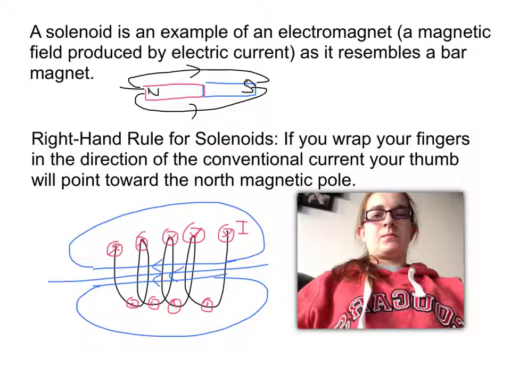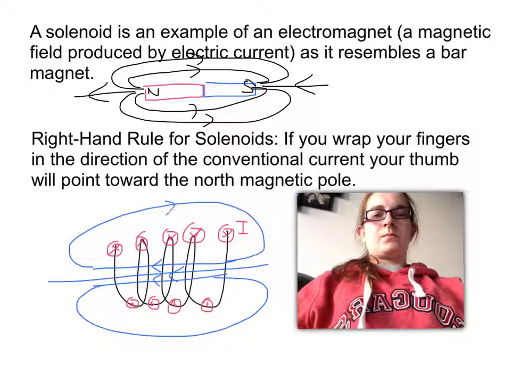And it looks fairly similar. We can see pretty good similarity to the field that's produced there. I'll add the arrows on the outside of this one just so you can see a little better.